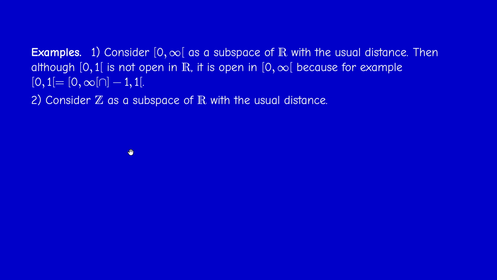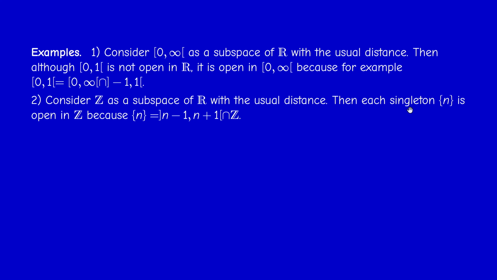Okay, another example: we take capital X equal to R and capital Y equal to the set of integers Z. Now every singleton is open. Take n in Z and take capital A to be the singleton {n}. We know that the interval (n-1, n+1) intersects the integers only at n.